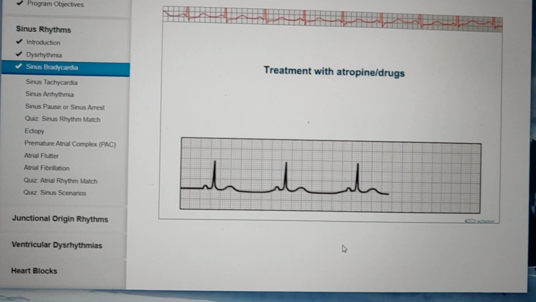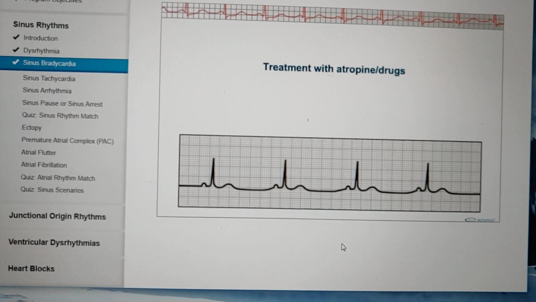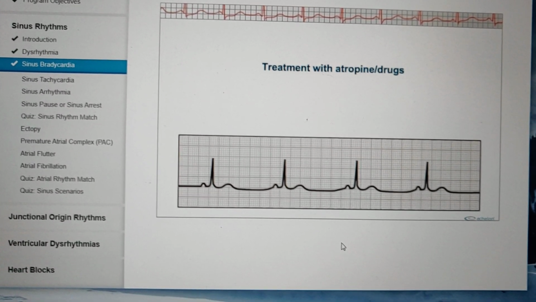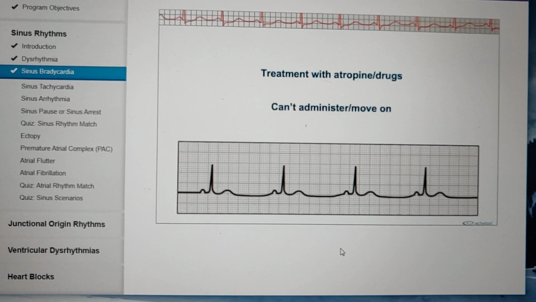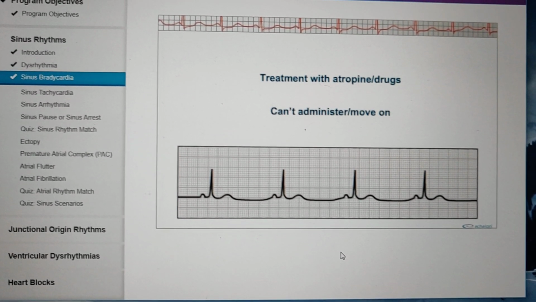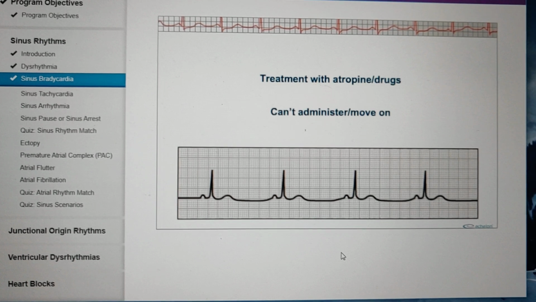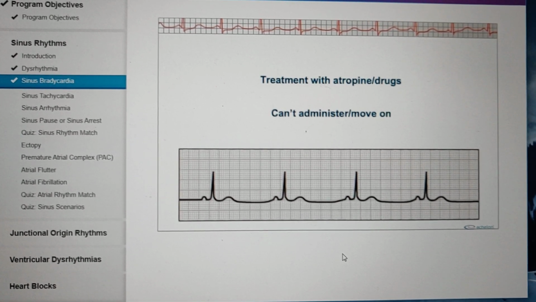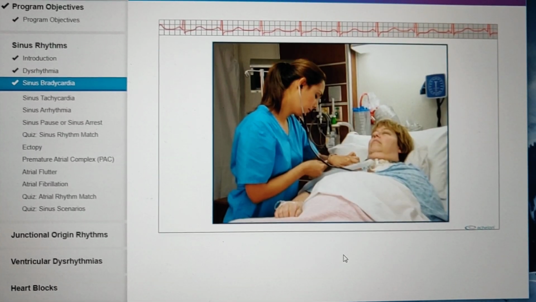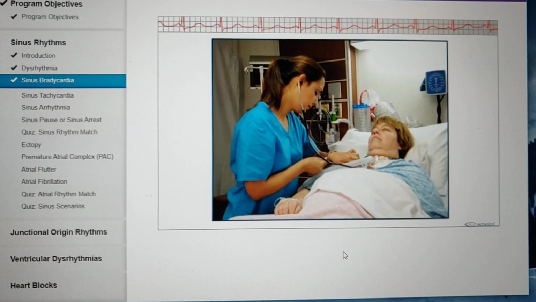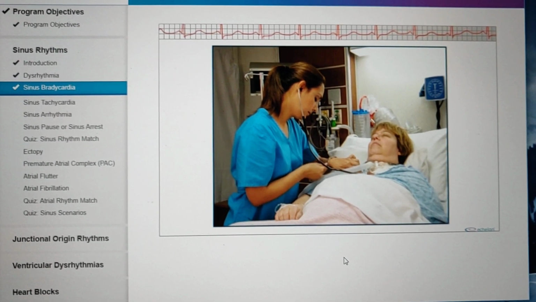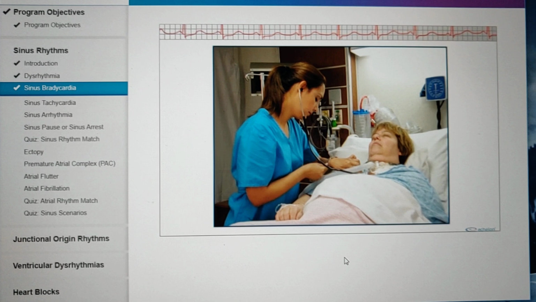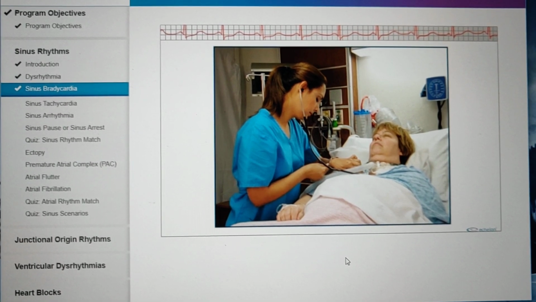The treatment of sinus bradycardia with atropine or one of the other drugs is certainly not a situation where you can administer the prescribed dose and then move on to other tasks right away. You need to closely monitor the patient's responses and continuously check for symptoms, including causing the heart to beat too fast.